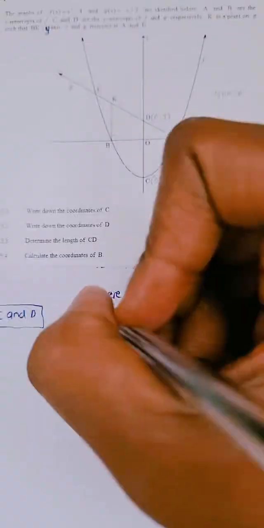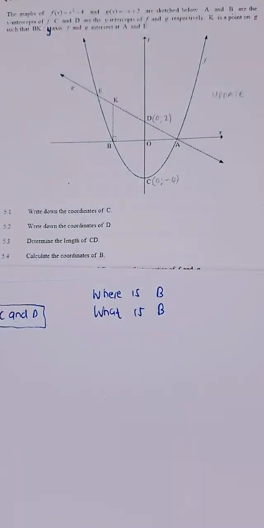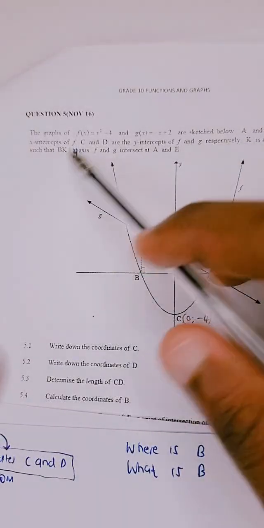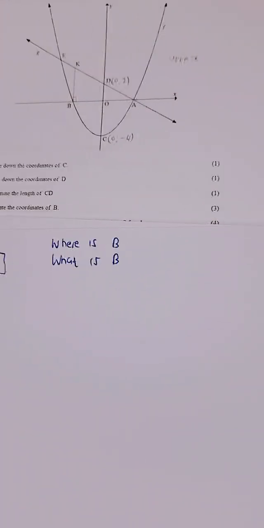Where is B, and what is B? From the statement, A and B are the x-intercepts of f. So that can also help you out very quickly. Where is B? On the x-axis. That's where B is.